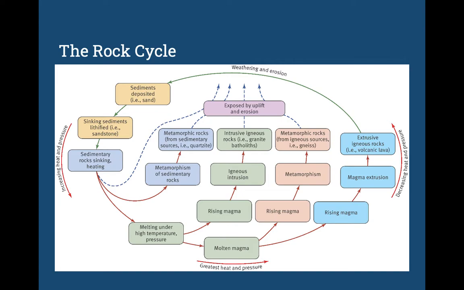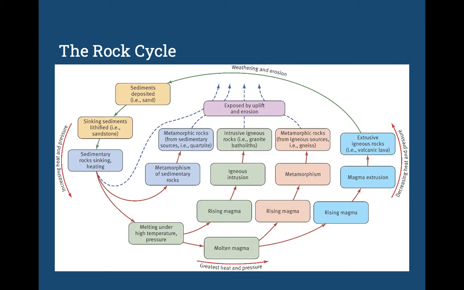All the rock cycle is saying is that any rock at any point, let's say today, if I find an igneous rock, that rock down the road, and it could very well be hundreds of thousands, if not millions, if not billions of years down the road, could turn into a different type of rock.